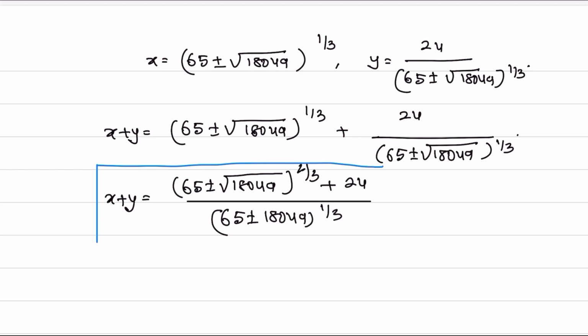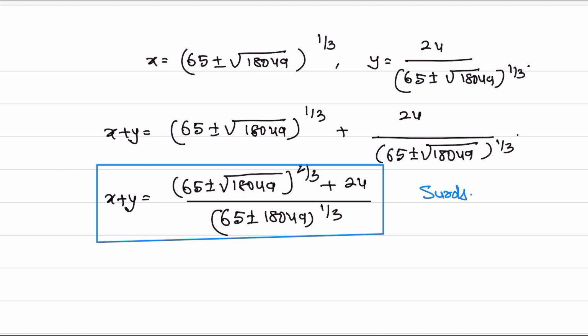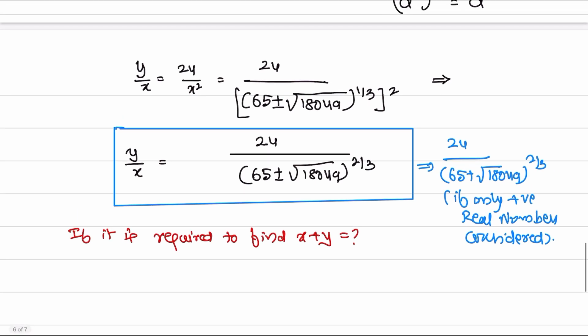This is the answer. So x plus y is equal to 65 plus or minus square root of 18049 to the power of 2 by 3 plus 24 whole divided by 65 plus or minus square root of 18049 to the power of 1 by 3. This is the answer, x plus y. And y by x we have got 24 by 65 plus or minus square root of 18049 to the power of 2 by 3.